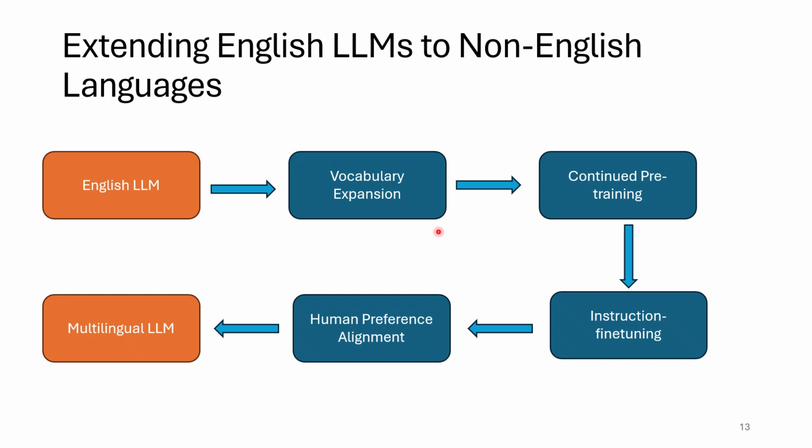Once that is done, we then continue pre-training the language model with a monolingual corpus from the new language that we're interested in. We do instruction fine-tuning in the new language, followed by human preference alignment in the new language, which finally gives us our multilingual LLM with English and the language that we are interested in.